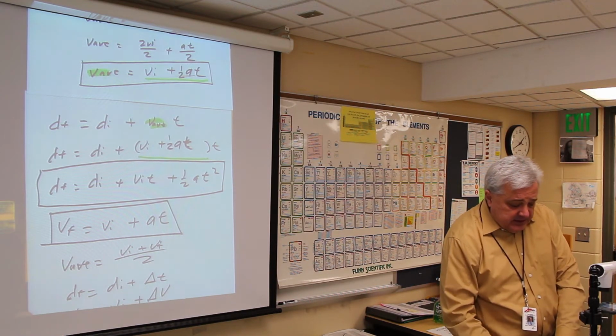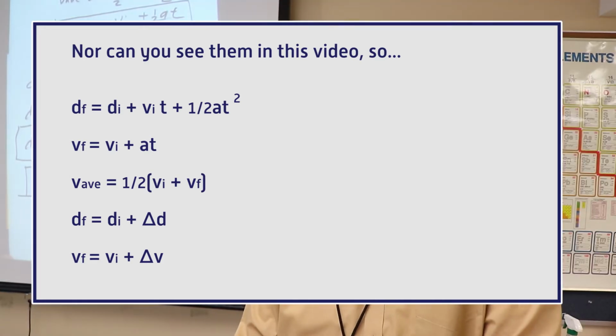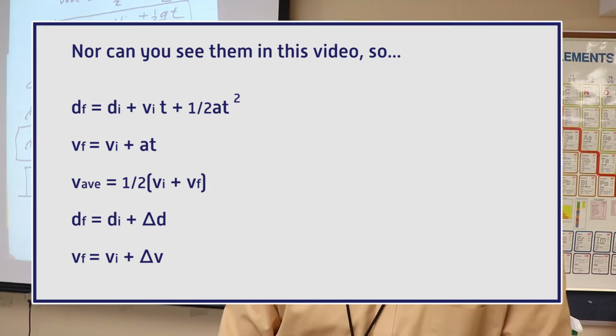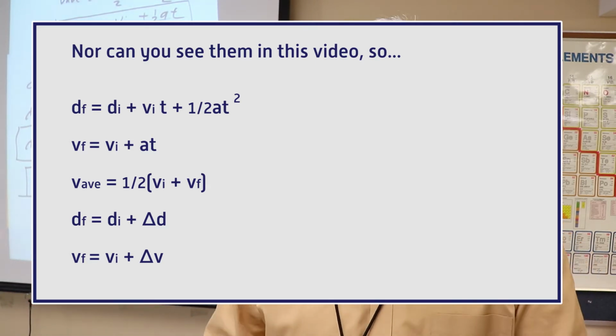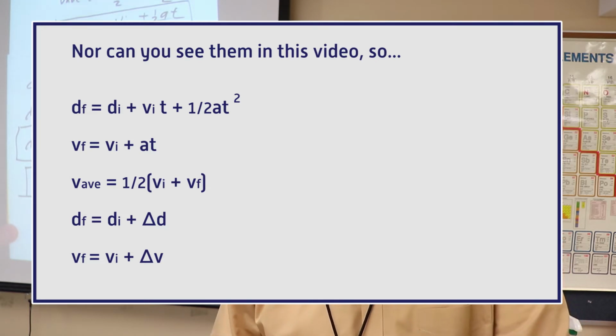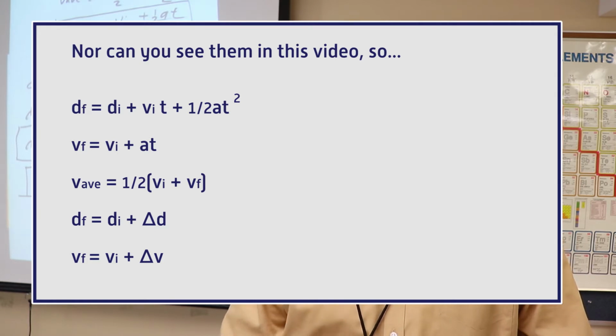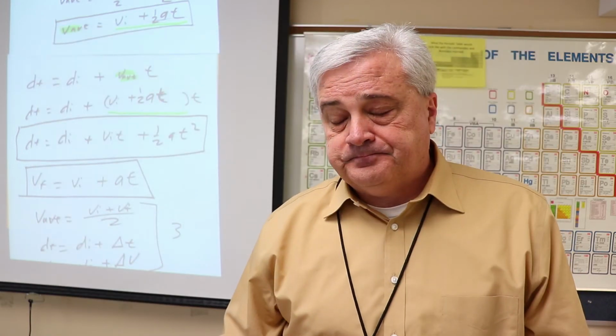You're not going to see these kinds of questions very often, but occasionally. And so our entire repertoire of physics equations boils down to this, and then these three occasional equations. So 5 equations, and we can handle the physics of motion from start to finish.